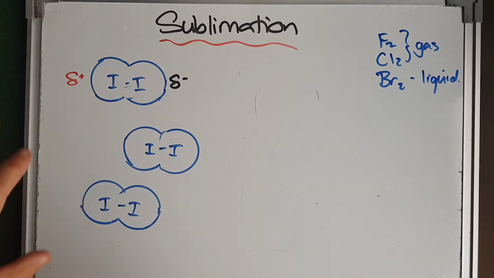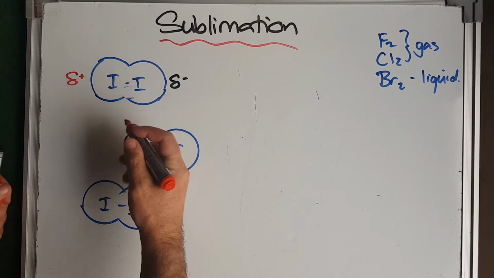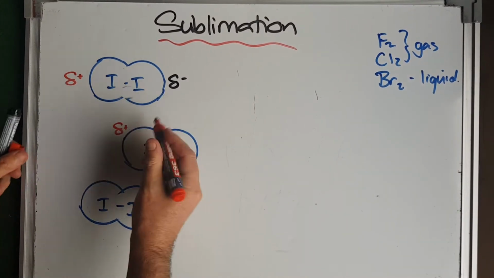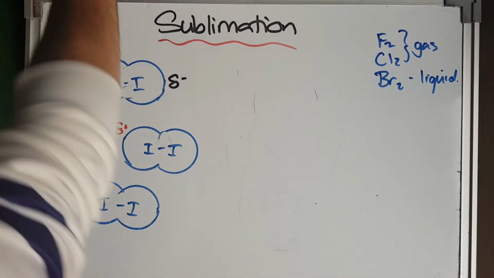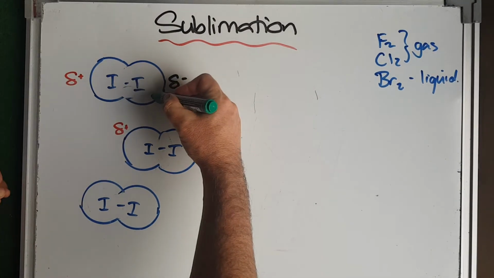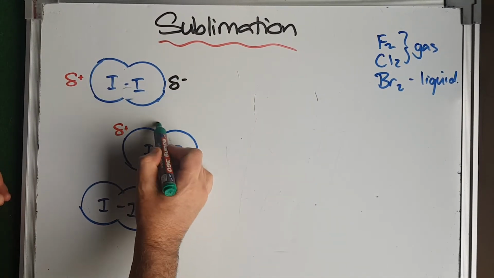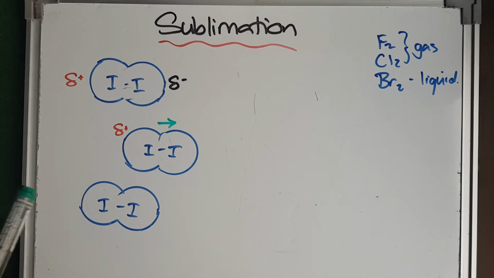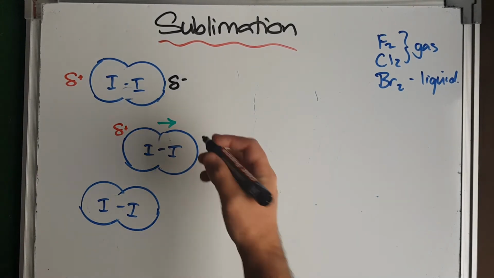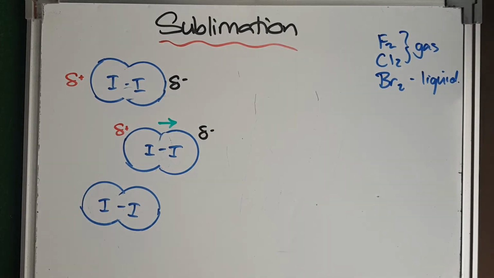Now, when the iodine molecules get near another iodine molecule, then they can induce a dipole in the neighbouring one. So this slightly negative charge will push these electrons that way, which will induce a dipole here. And likewise, that will induce one in a neighbouring molecule.